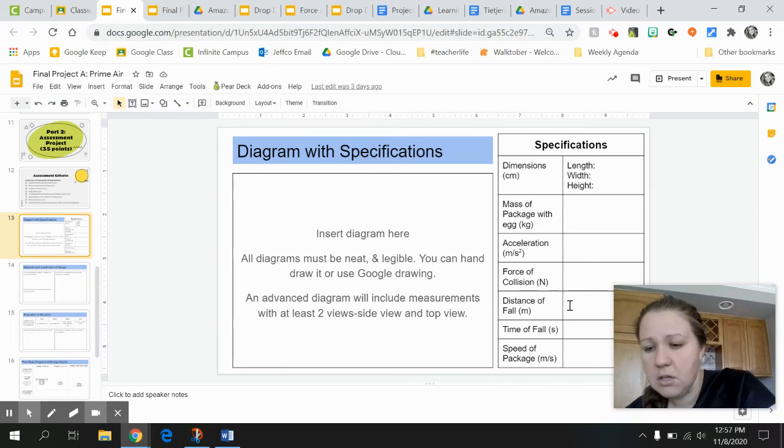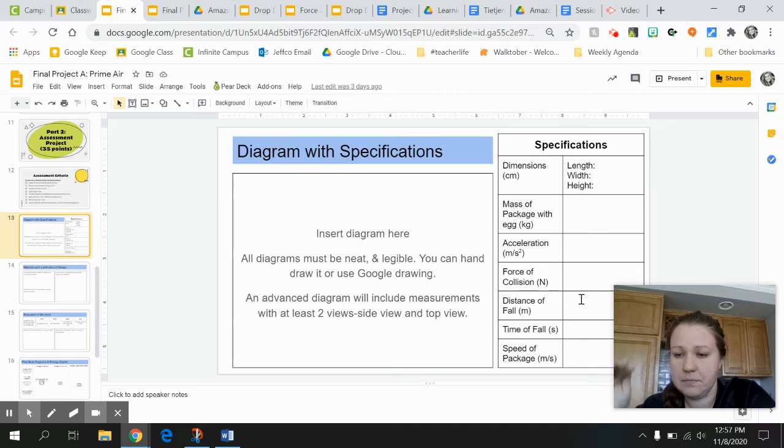Then the last thing you're going to calculate is the speed of that package. And so during the egg drop, you should measure the distance of the height of the fall. If you're at home and you're testing, that might be something you have to estimate, which is fine, but still make sure there is a number in there.